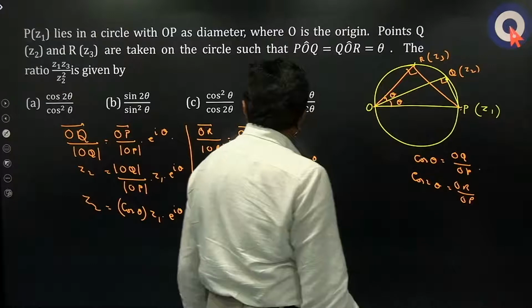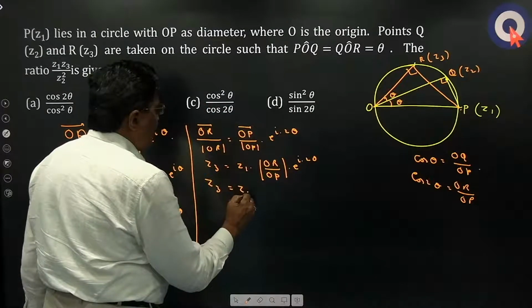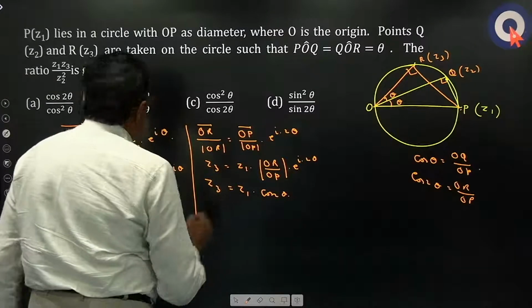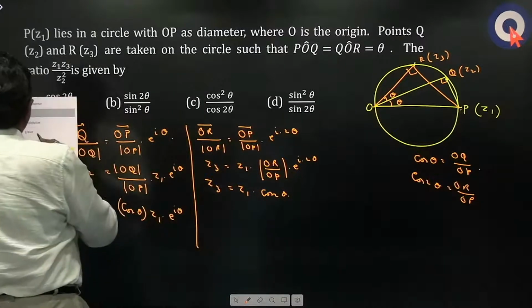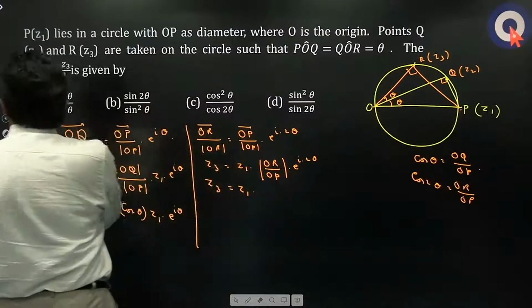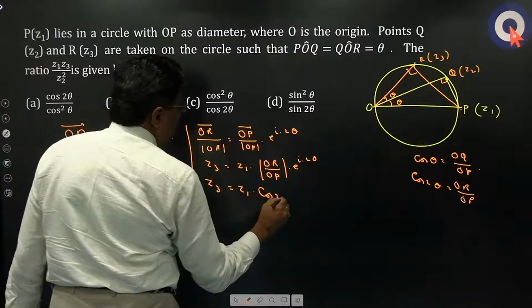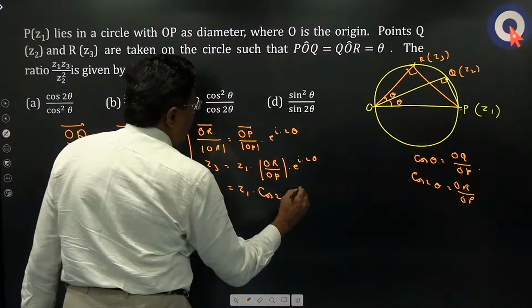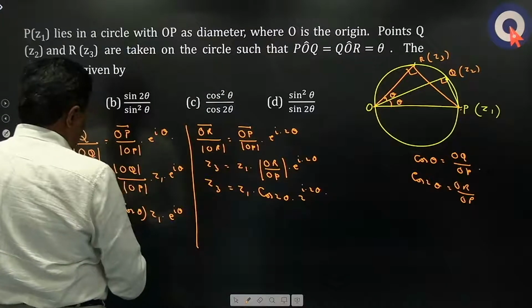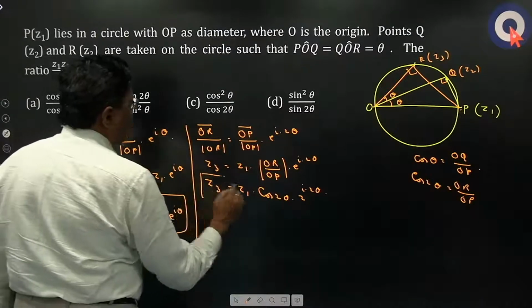So Z3 is Z1 cos 2 theta into e power i into 2 theta, right? So this is Z3. So we have Z2 here and we have Z3 here.